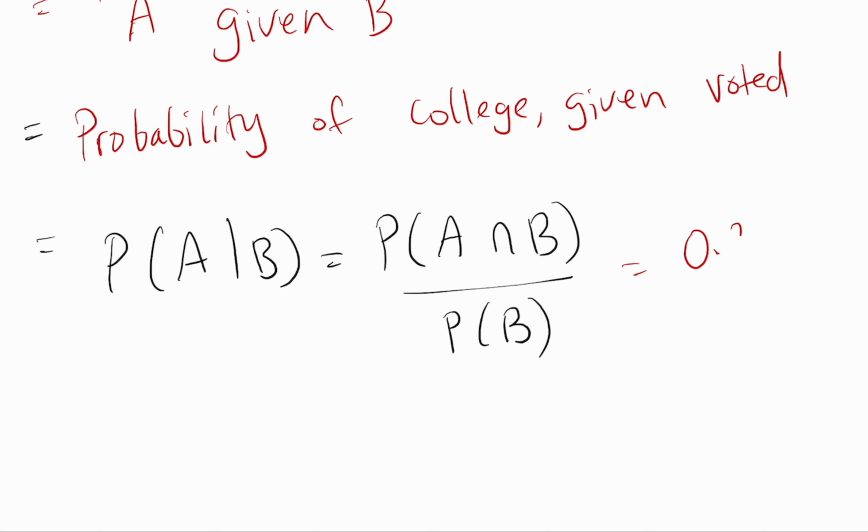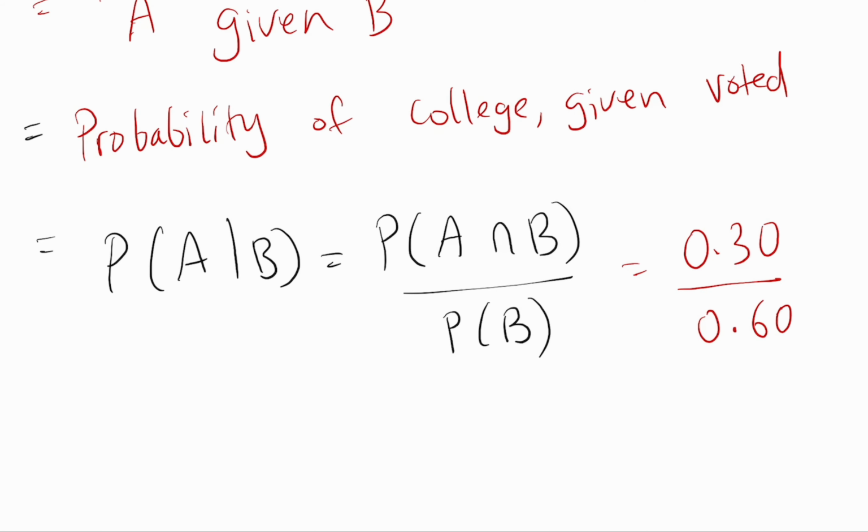This equals 0.3 over 0.6, which basically simplifies to 0.5. And so that's our conditional probability. Essentially, there's a 50% chance of somebody having gone to college given that they voted.